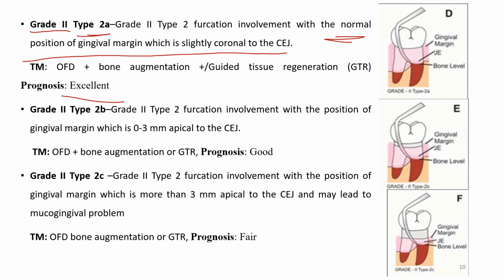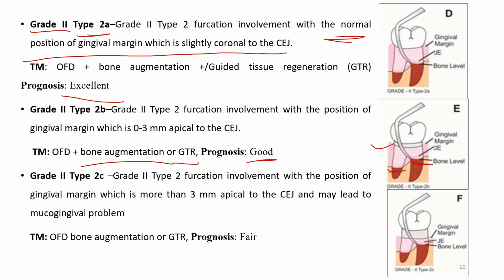Prognosis will be excellent. Grade 2 type 2B, that means here vertical component is there, horizontal component is there, but here gingival margin is 0 to 3 mm apical to CEJ.